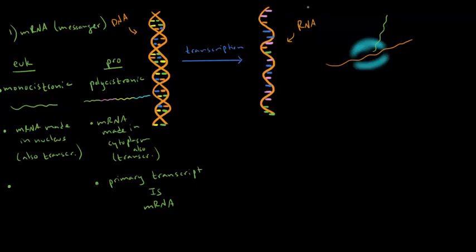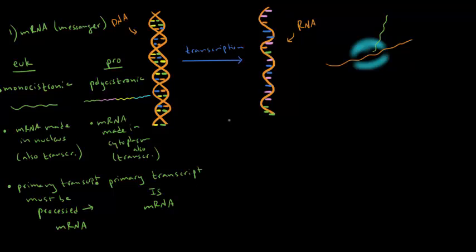Not so in eukaryotic cells. In eukaryotic cells, the primary transcript must be processed, and after it's processed, it becomes mRNA. Only after it's processed is it messenger RNA and can it go to the ribosome and be translated.